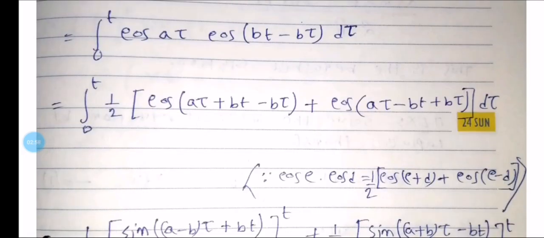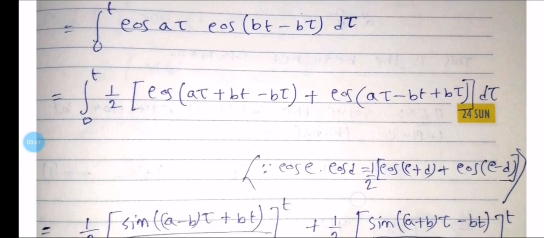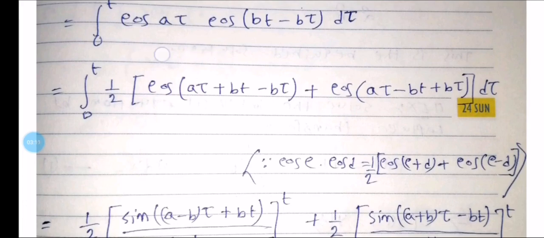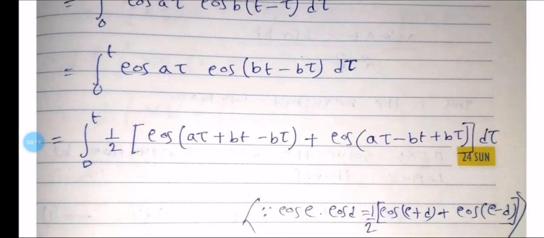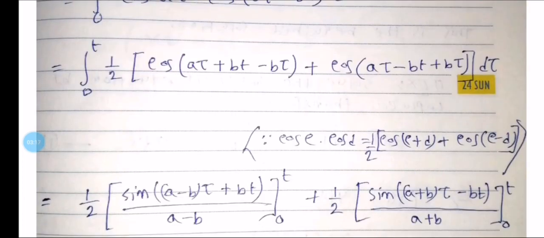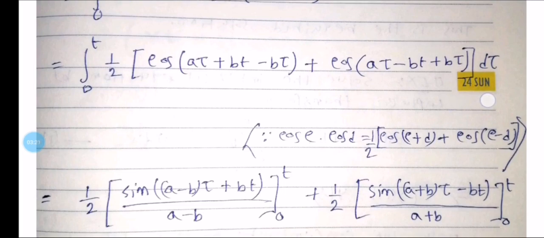After calculating by multiplying by half, 2 cos c cos d, we know the cos c into cos d formula is this. So if we consider c equal to a tau and d equal to bt minus b tau, we can write half of cos(c plus d) plus cos(c minus d).